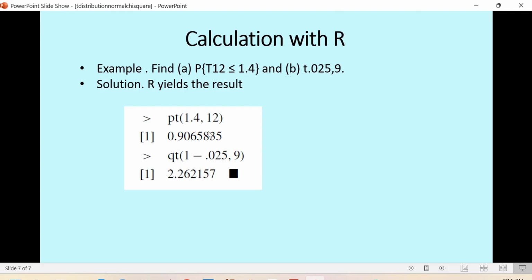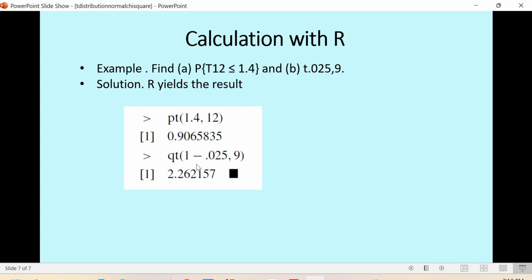Similarly, if we want to calculate the t value for 0.025 with 9 degrees of freedom, we can use qt. Because this is alpha, 0.025, we use 1 minus 0.025 as the input, because this is on the left side of the critical value we want to calculate.